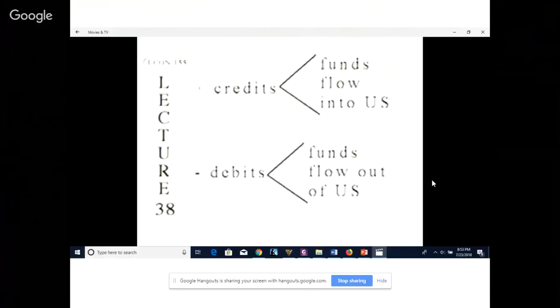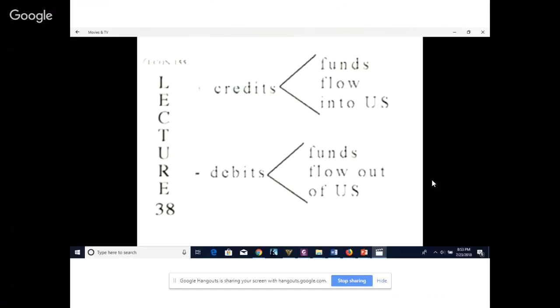Something I want to emphasize is when funds are flowing, for example, from China to the United States, that's an inflow into the USA, and that is recorded as credits. In the other case, when funds are flowing out of the USA, that is recorded as debit.